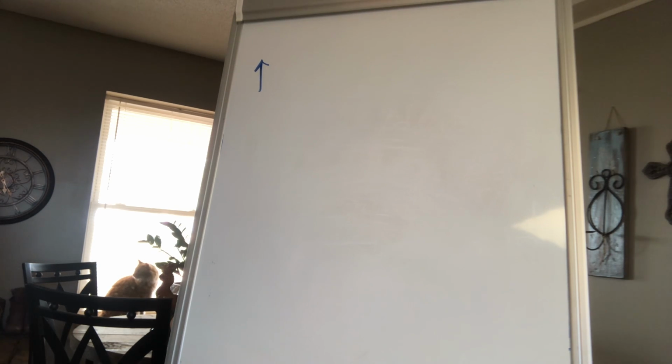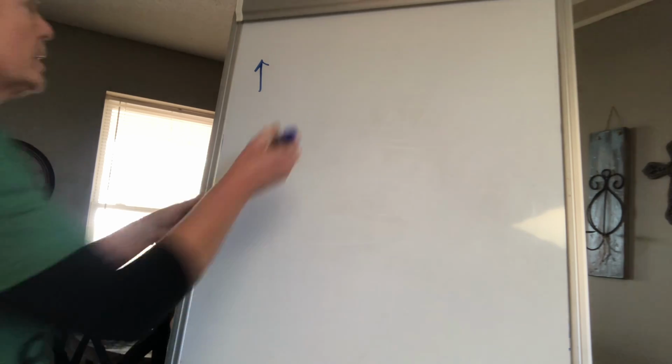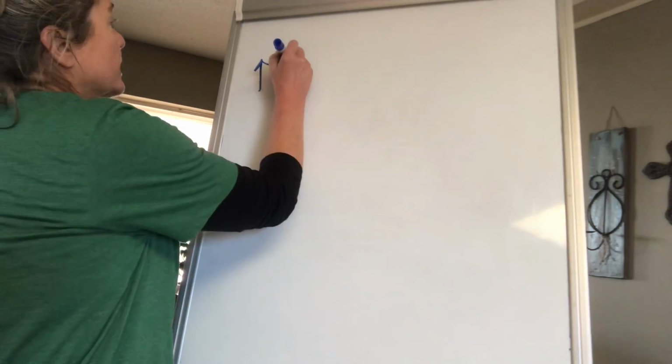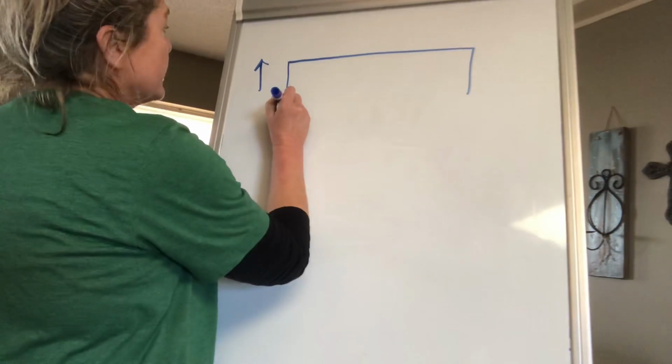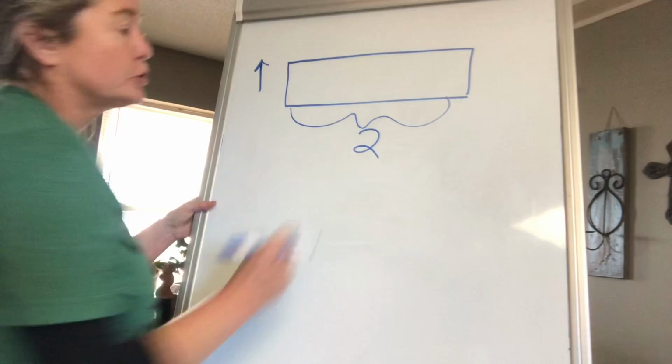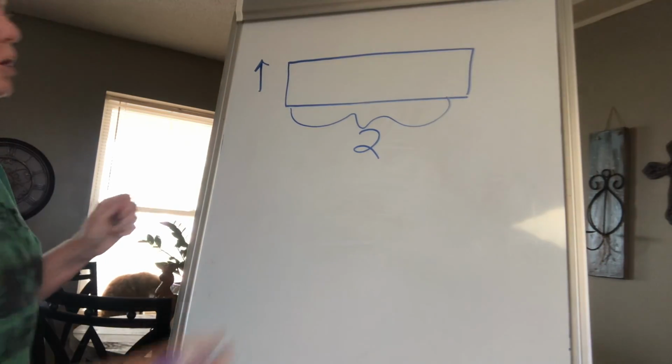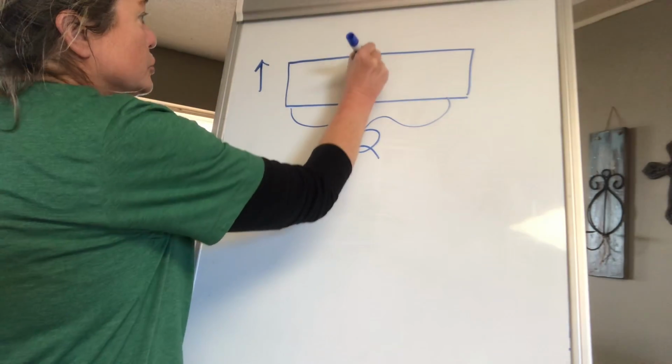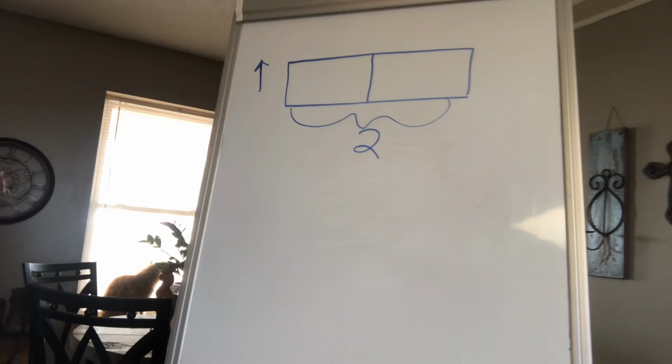And the first thing it asks us to do is draw a diagram to represent the situation. Okay, so if I have my package of beef and I know that it's 2 pounds, so I would have 2 pounds here.